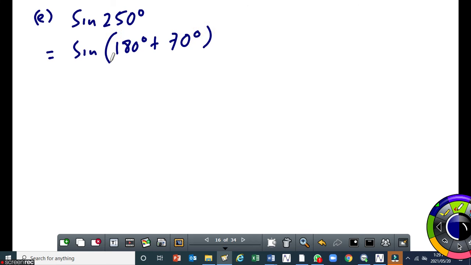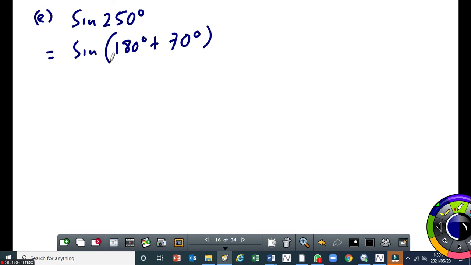So you can only use these ones. We can't use this one. We use these reductions, that is the co-ratios, when we are dealing with angles between 0 and 90 degrees. You can see that there's 90 minus theta. So we can't use the co-ratios here. We use those ones.